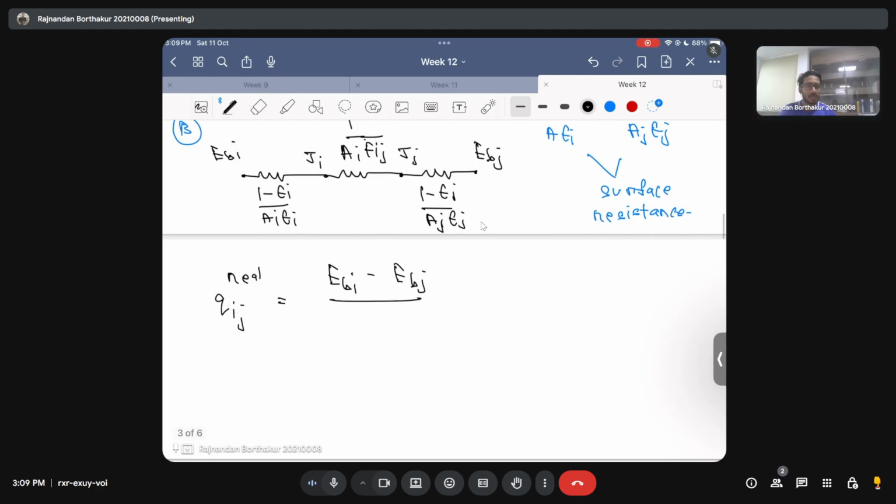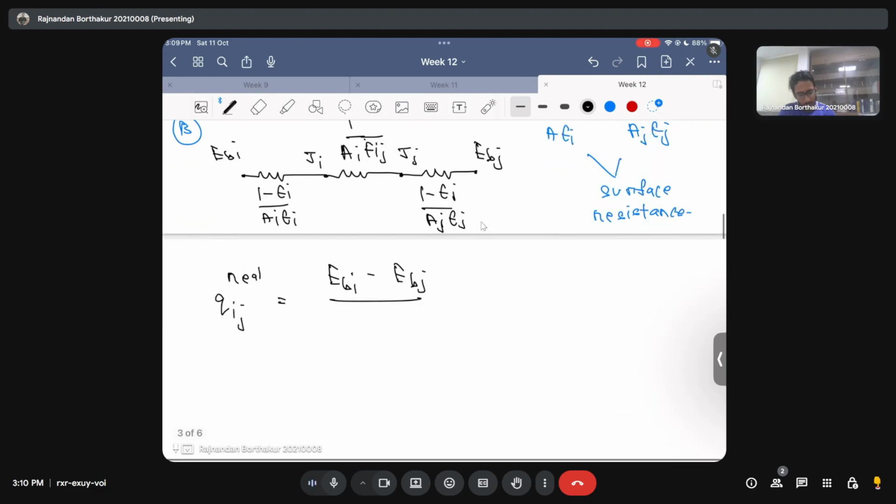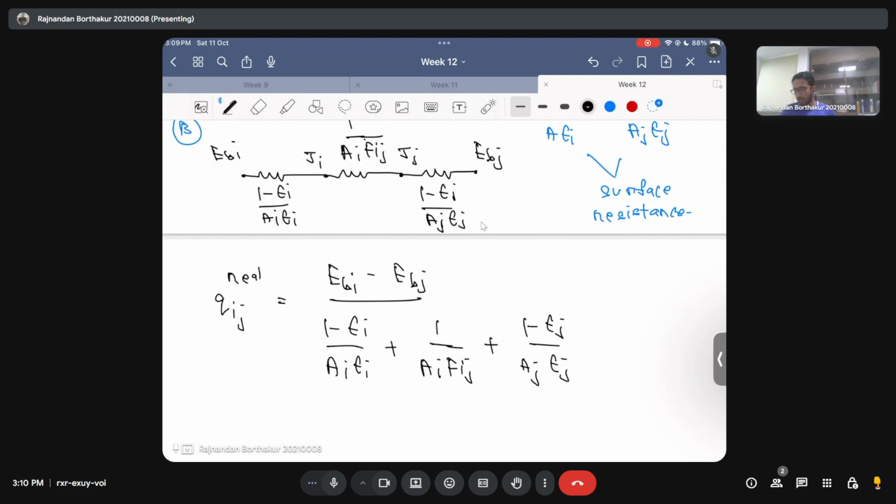And now instead of just having the space resistance, we'll have the space resistance plus these extra surface resistances, which makes the total resistance 1 minus epsilon I by AI epsilon I plus 1 by AI Fij plus 1 minus epsilon J by AJ epsilon J. Okay, so this happens to be the net radiation exchange between the I and J bodies, considering that both of these are real surfaces.